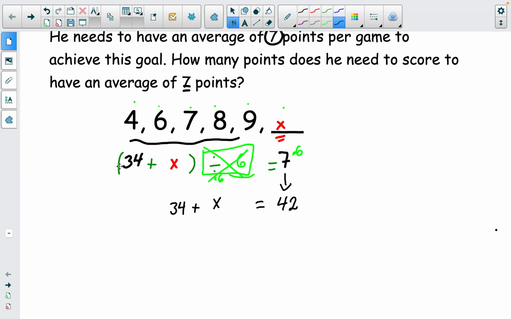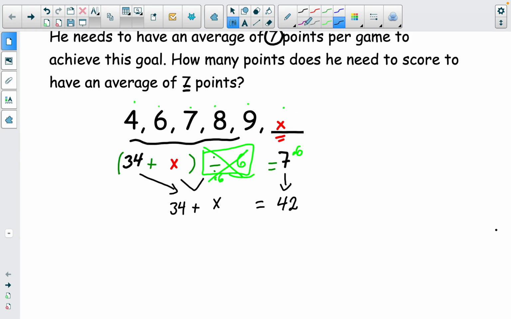For this, I can choose to keep my parentheses or not. There are no other operations I need to do on this side, so I'm going to forego the parentheses. And I'll just put down that arrow there so that I know that's where I got the 34 and the x. Now what do I need to do?